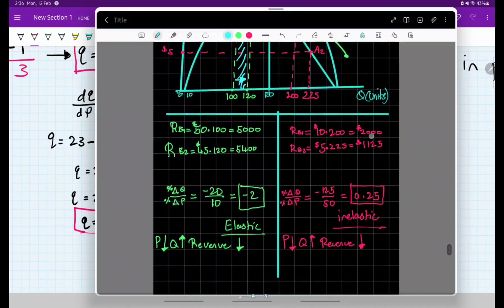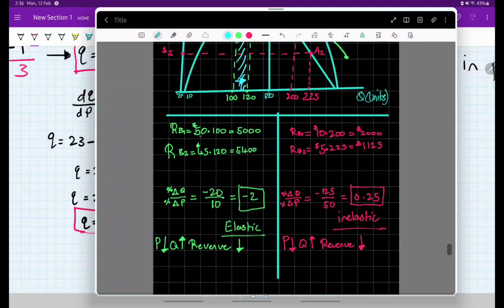And coming down here to see that in action, RB1, you have revenue of $5,000 with the price of 50 and 100 units, and you drop your price to 45. You end up selling 120 units, you get an increased revenue of $400.